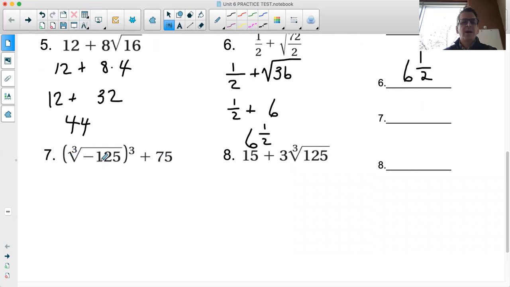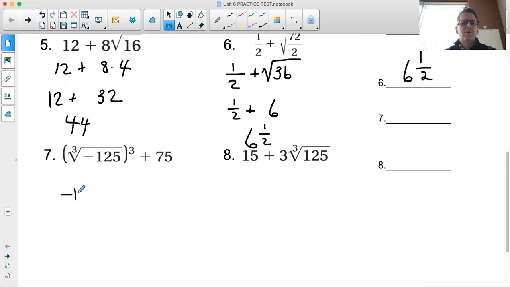The cube root of negative 125, and then we are cubing it, then add 75. You may notice that when we are taking the cube root of something and then we're cubing it, this is like undoing the cube root. When we cube something that is a cube root, we're undoing it, so this kind of cancels each other out.